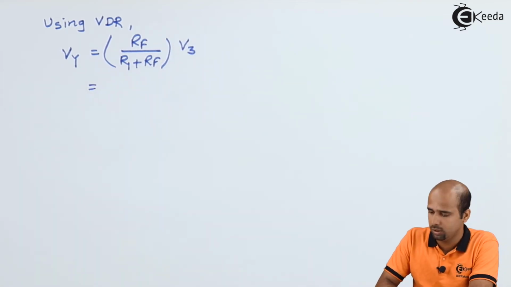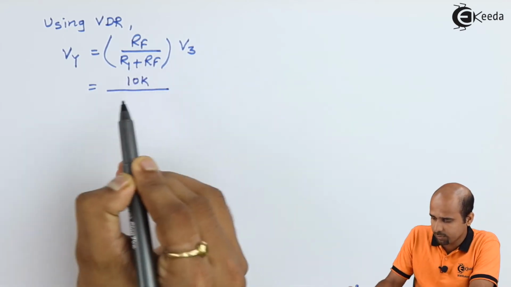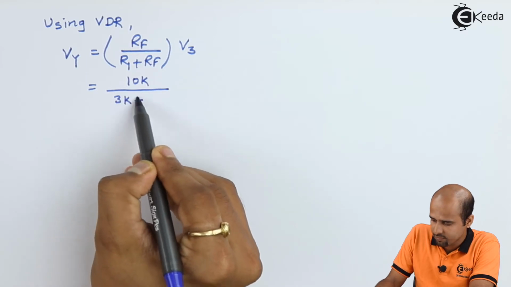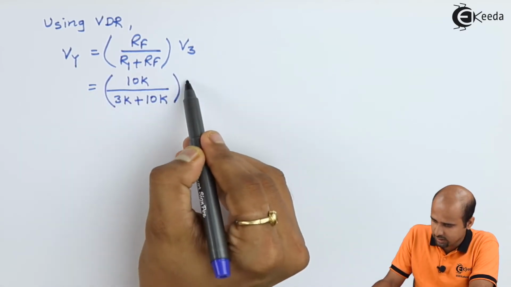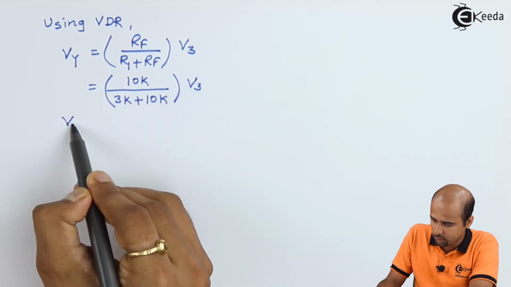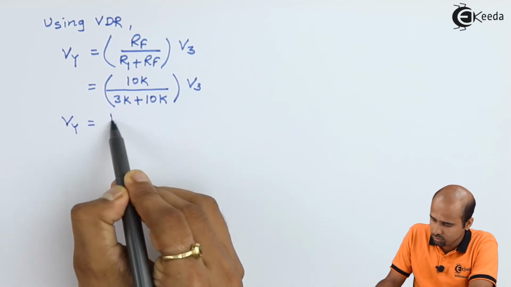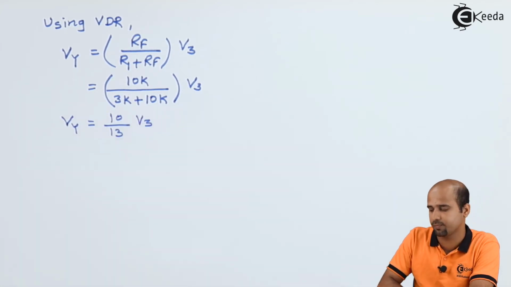What's the value of Rf? Rf is equal to 10k, divided by 3k plus 10k. That is 10 by 13 V3. So I will be getting the value of Vy is equal to 10 by 13 into V3.